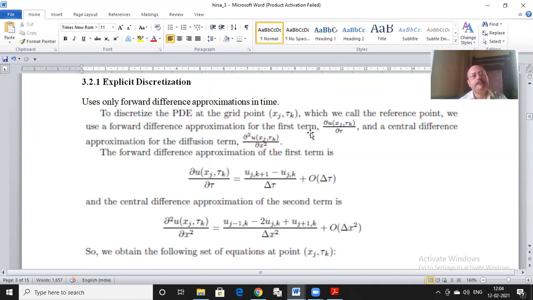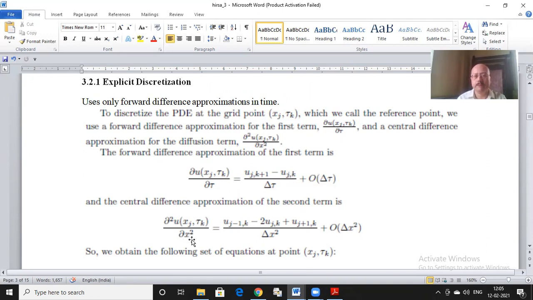And we use a central difference for the diffusion term. The second derivative term is actually called the diffusion term for obvious reasons. So that is approximated by a central difference, but the first term, the time derivative, is approximated by a forward difference. So this is our approximation for the time derivative. Forward difference at xj tau k will be U j,k+1 minus U jk by delta tau, order of h.